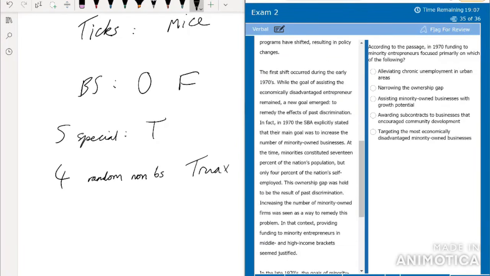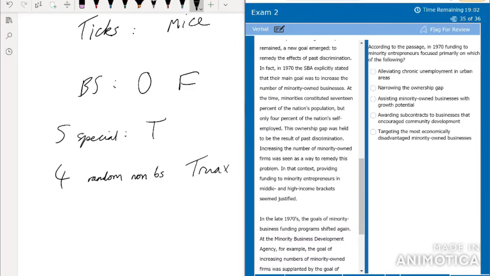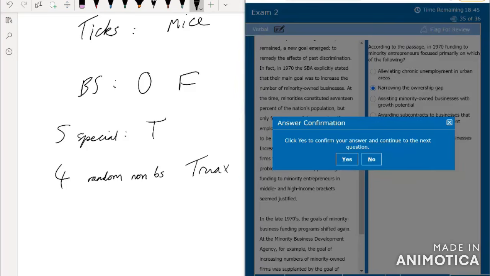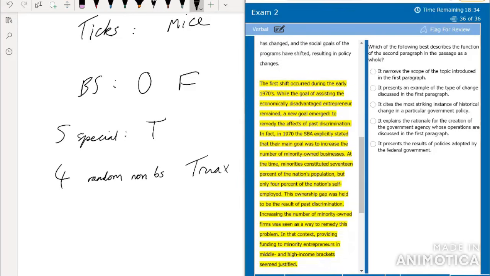In 1970, that was the first. It's increased the number. Which of the following best describes the function of the second paragraph in the passage as a whole? Which one's the second paragraph? This one.